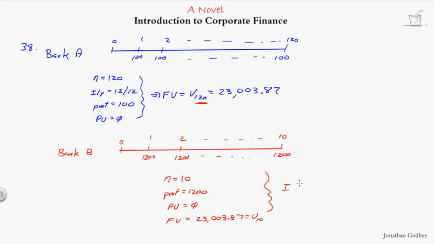So plug this into my calculator, interest rate, and you'll need to make the payment negative, or the future value negative, one of the two. Make future value negative, you can see that better, I think. That's going to come out to be 13.8214%.